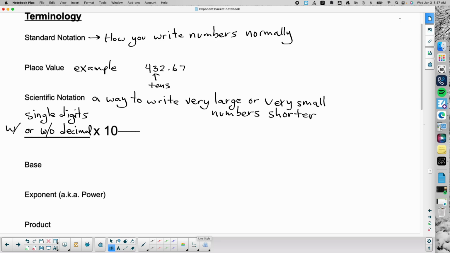And then times 10 to a power. So that would be an example of scientific notation.